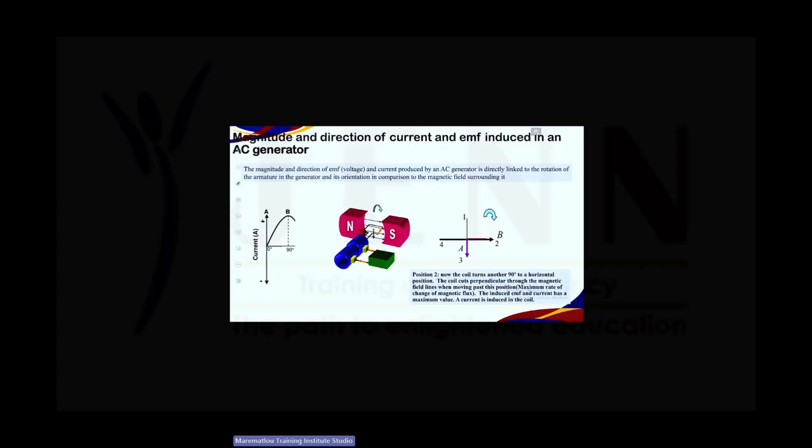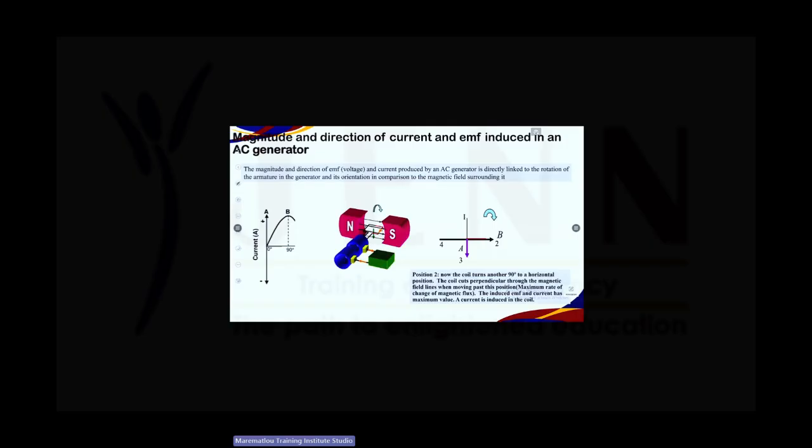So at this position here, that is then the maximum rate of change in flux. Can you see these points of the coil, the orange side and your black side? Both of them are now cutting the magnetic field lines, which means that is going to create the maximum.